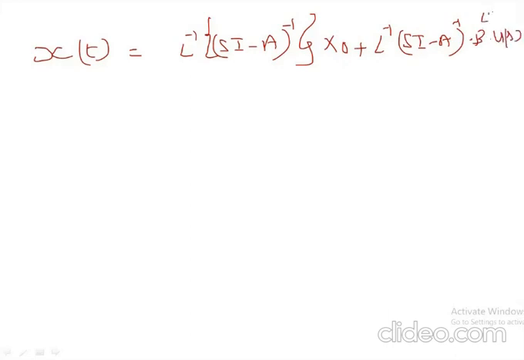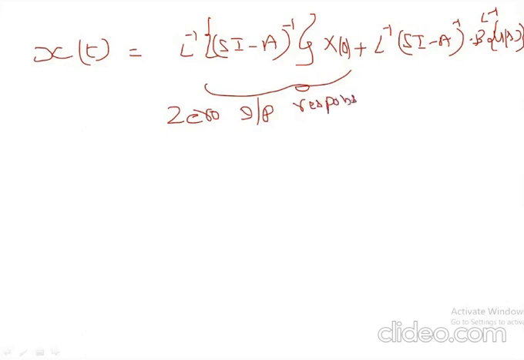So from this, the term with x of 0 is known as zero input response, and the other term is known as zero state response. So this is known as the state model solution. Very simple solution of state model.